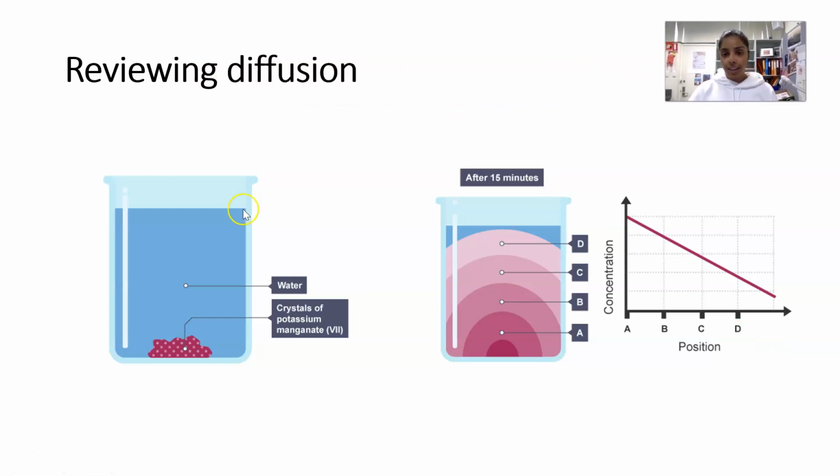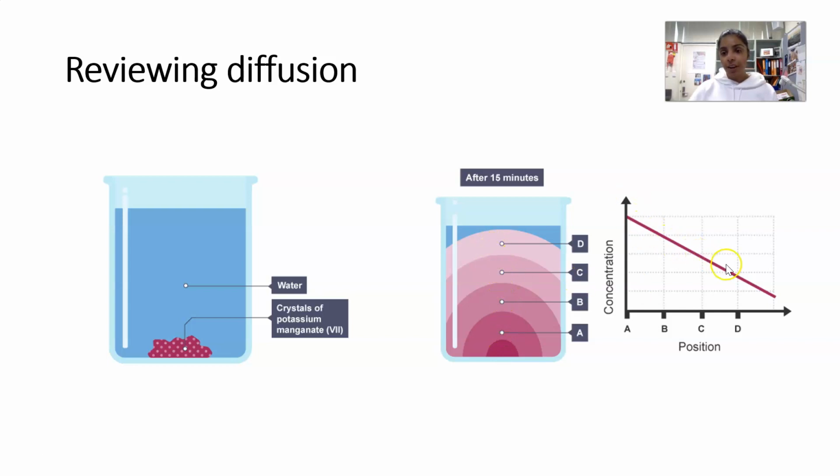So before we get into the lesson properly, let's just recap what's going on. We have seen this series of diagrams before. Over here I have got a beaker of water with some purple dye crystals in it. After 15 minutes, what we are seeing is that color, that high concentration of dye color, has eventually spread out.